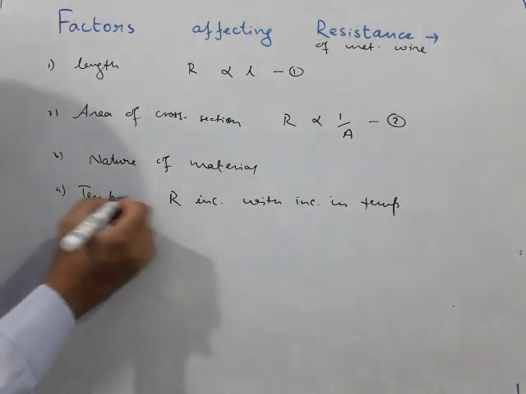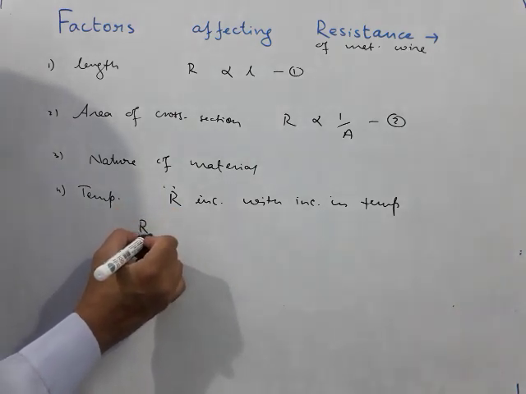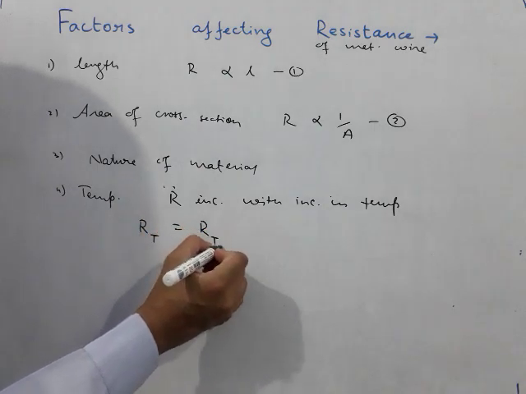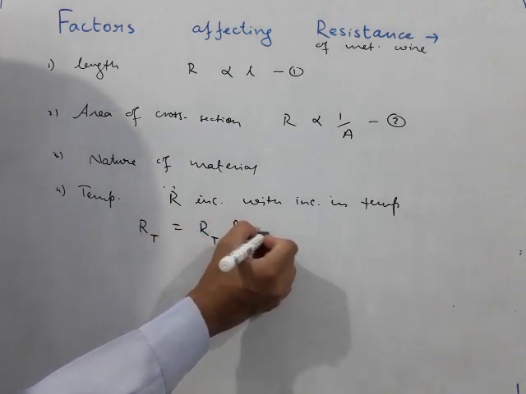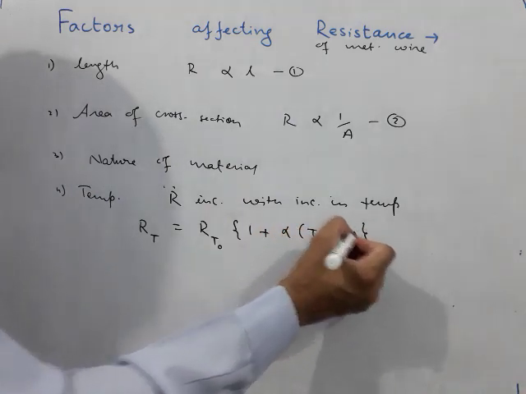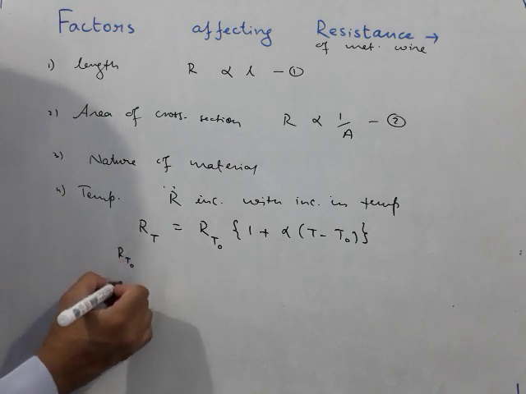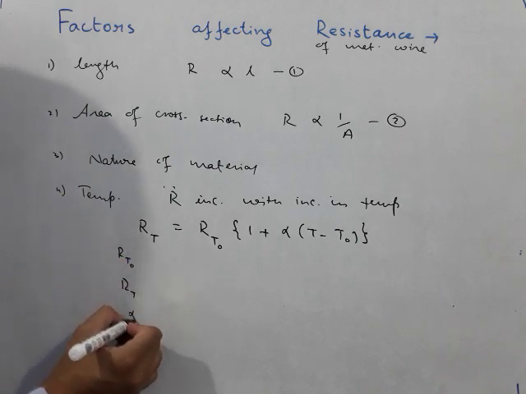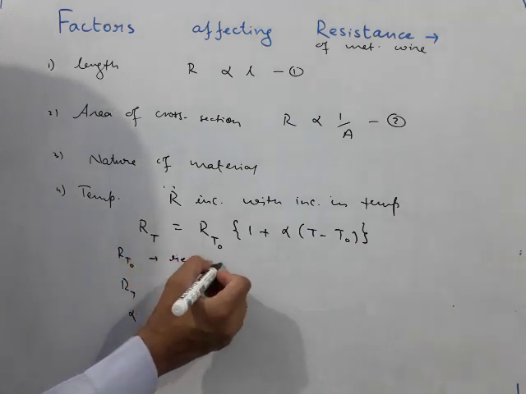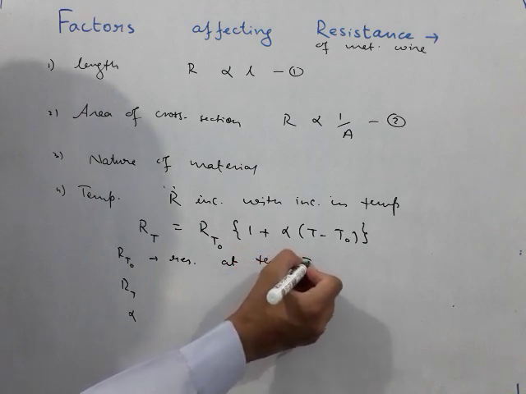In fact, this resistance is known to obey a relation like this: RT is equal to RT naught times 1 plus alpha (T minus T naught). What is RT naught? What is RT? What is alpha? RT naught is the resistance of the metal wire at temperature T naught.